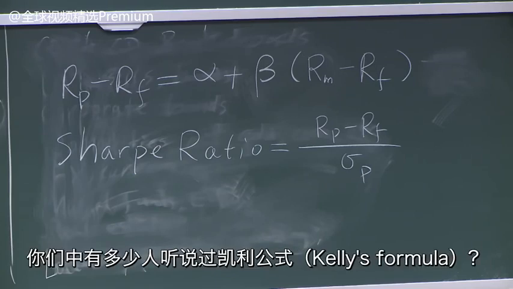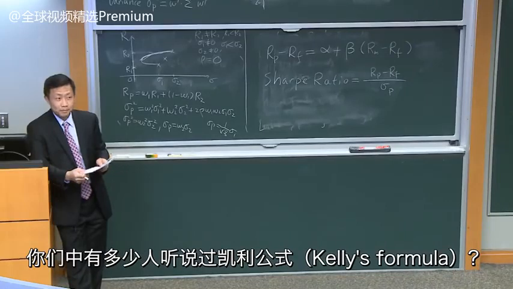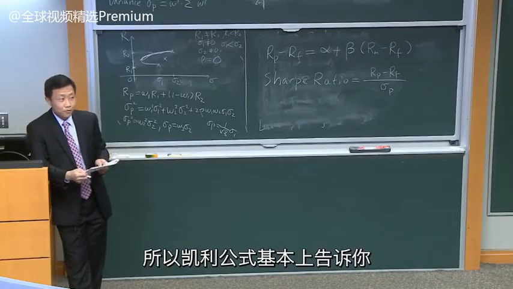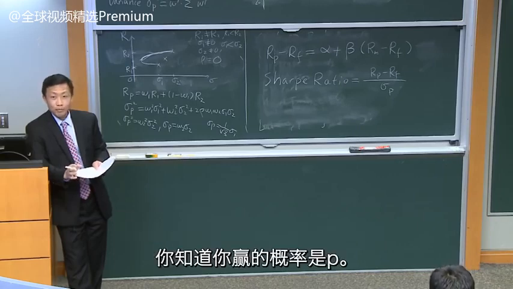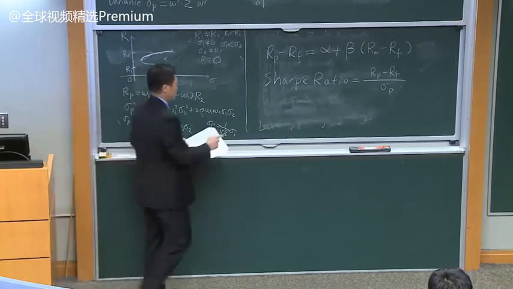Okay. And how many of you have heard of Kelly's formula? Kelly's formula basically gives you that when you have, let's say, in the gambling example, your winning probability is P.